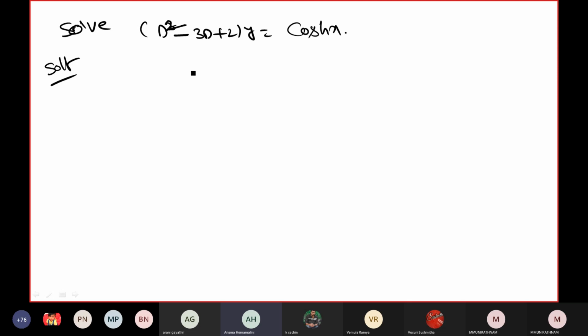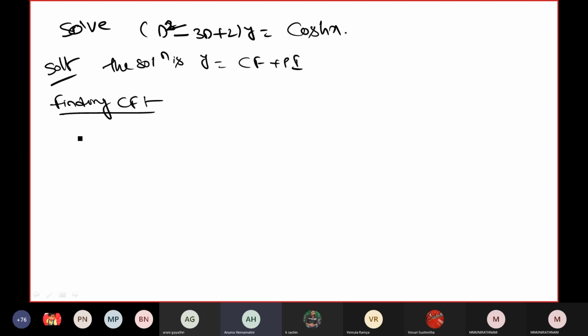So what are the roots of the auxiliary equation? Anyone? 1, sir. 2, 1. Okay, fine. So we'll consider the homogeneous part.